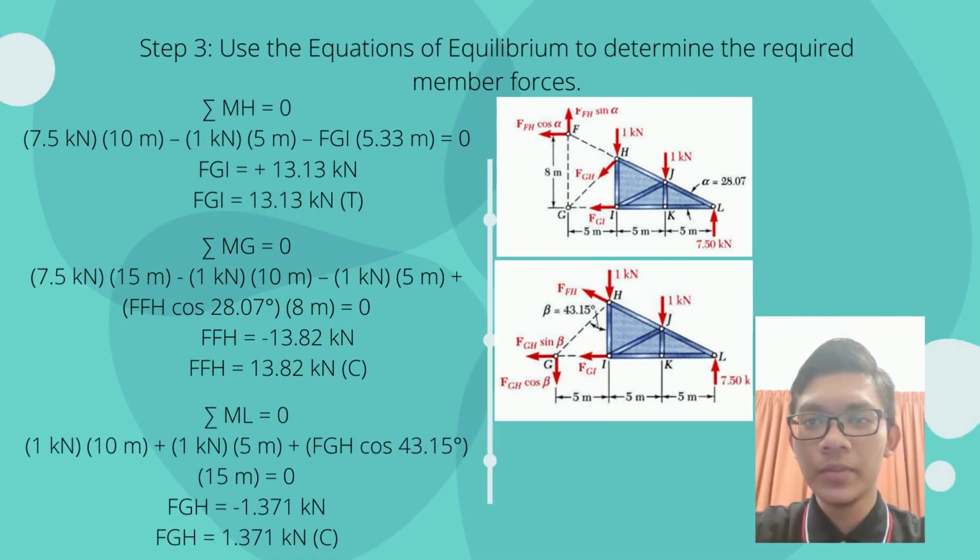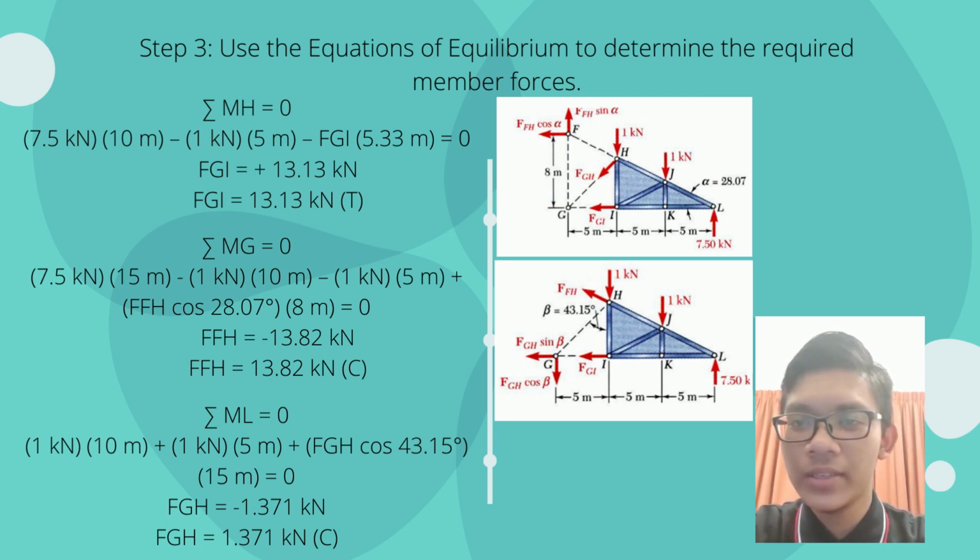For the next step, we have to use the equations of equilibrium to determine the required member forces. As such, the moment at H equal to 0. That is 7.5 kilonewton times 10 meter minus 1 kilonewton times 5 meter minus FGI times 5.33 meter.